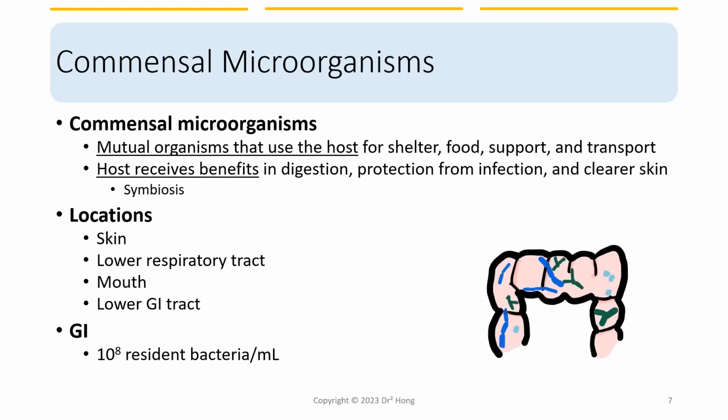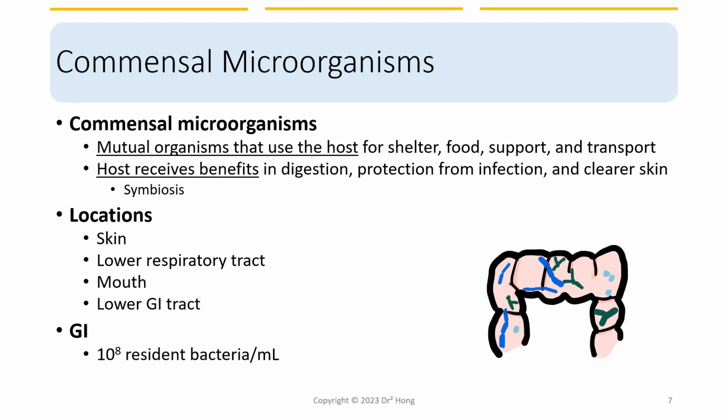Microbial populations may be found on the skin, in the lower respiratory tract, mouth, and lower GI. Throughout life, these resident organisms vary in type and number, and individuals can have significant differences in their resident populations. Commensal microorganisms provide a microbiological barrier of defense.